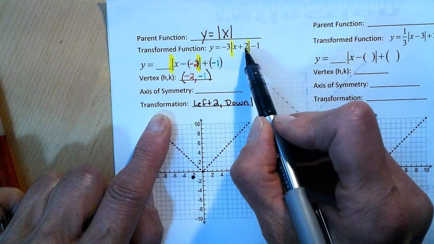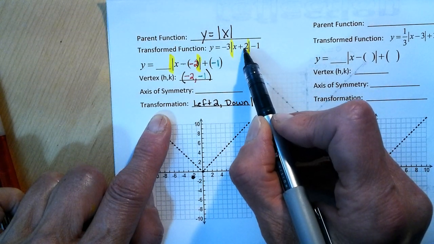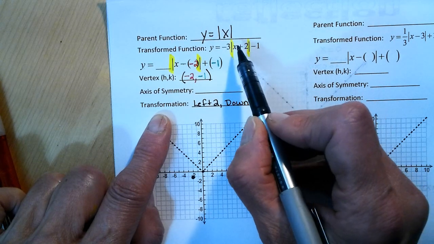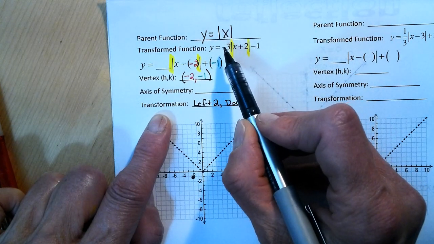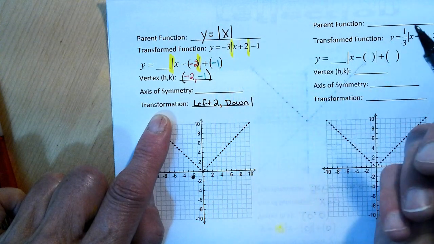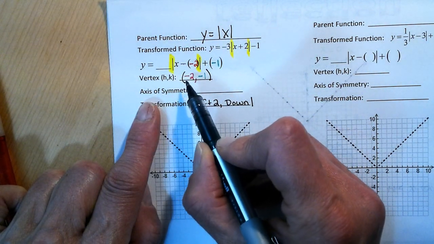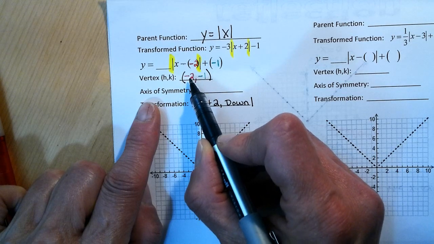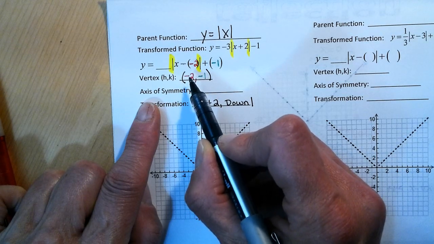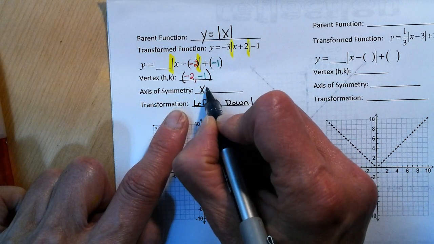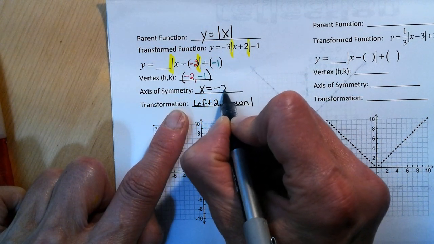And we get it from here. Left 2, opposite what I see, down 1. Okay? I have this thing happening here in the front. Before I do that, axis of symmetry. My axis of symmetry comes from the x value of my vertex. So that means my axis of symmetry is x equals -2.